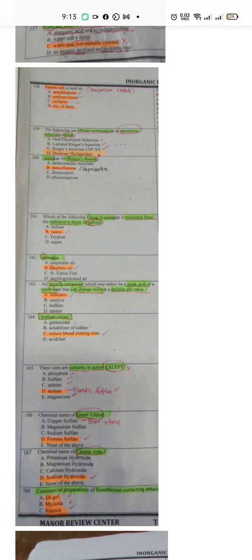Number 164, sodium citrate reduces blood clotting time. So letter C, sodium citrate reduces blood clotting time. So it is capable of shortening the coagulation time of the blood.